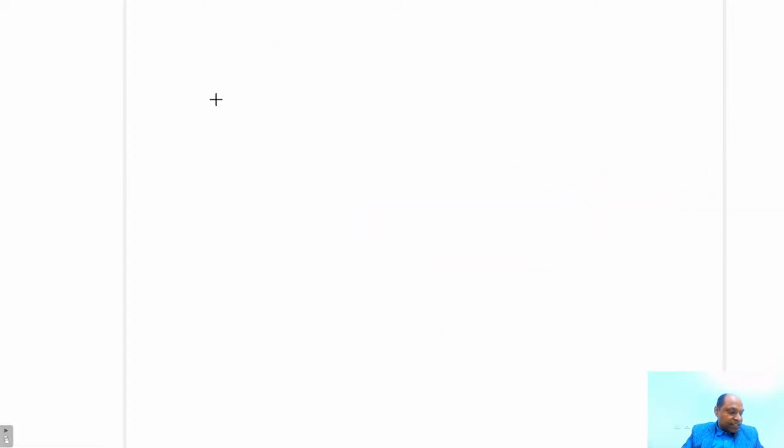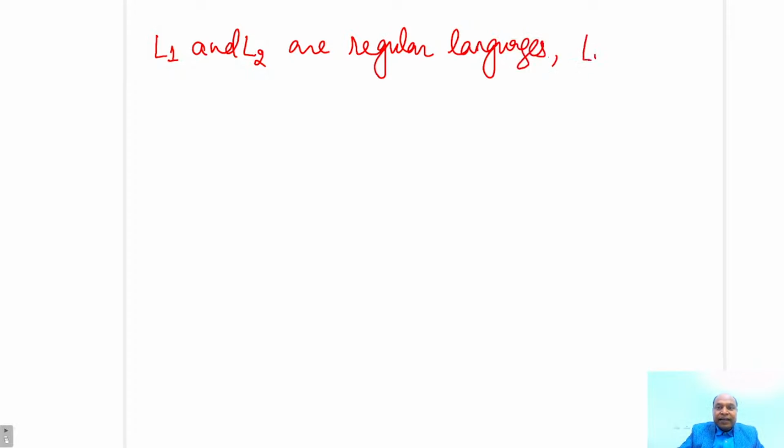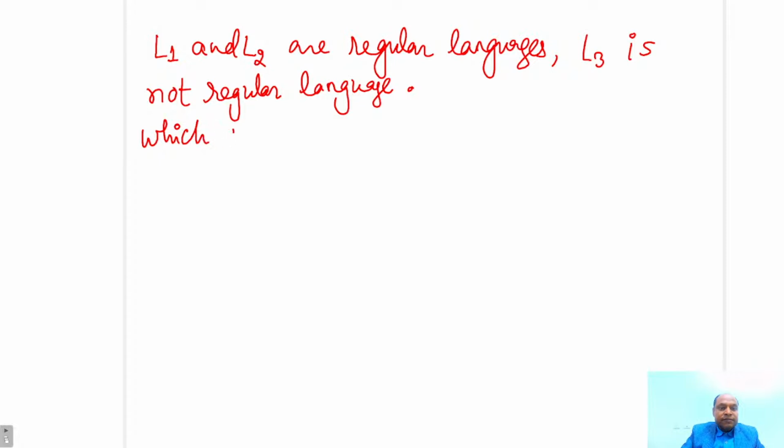Next, the question says that given L1 and L2 are regular languages and L3 is not a regular language, which of the following are true?